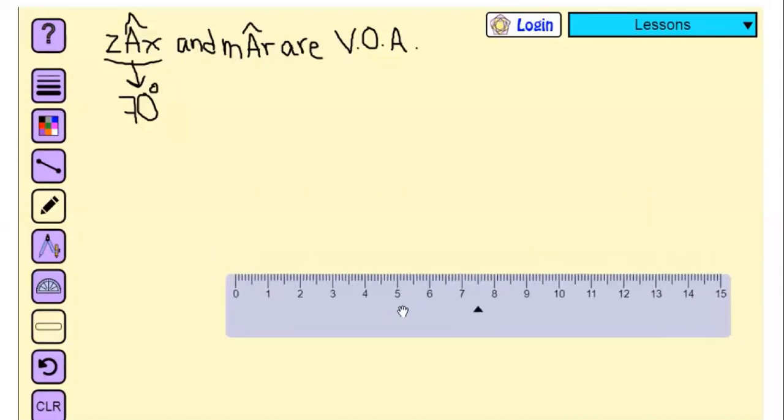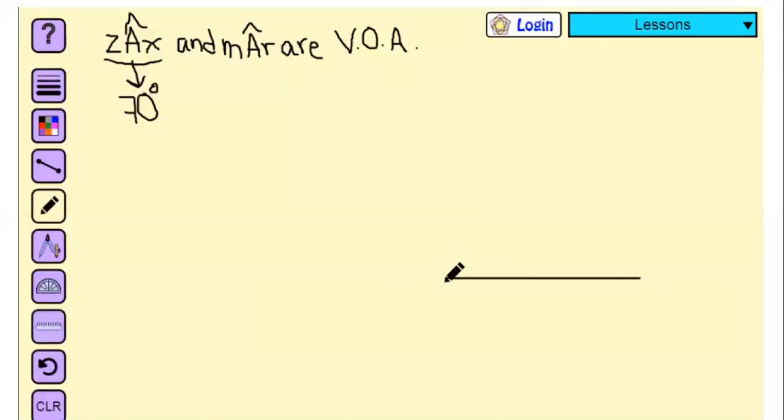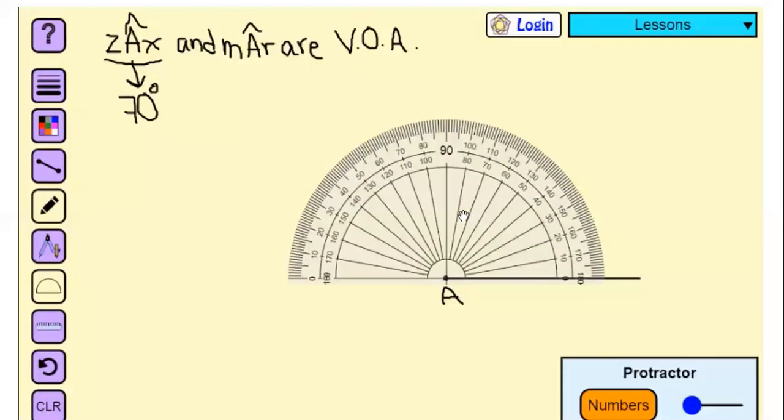I use my ruler. I draw the semi-line, which is starting with the vertex A. Okay, this is A, the vertex. Then I use my protractor, I line it up correctly, and I measure 70 degrees, starting to the right with the 0, 10, 20, 30, 40, 50, 60, 70 degrees.